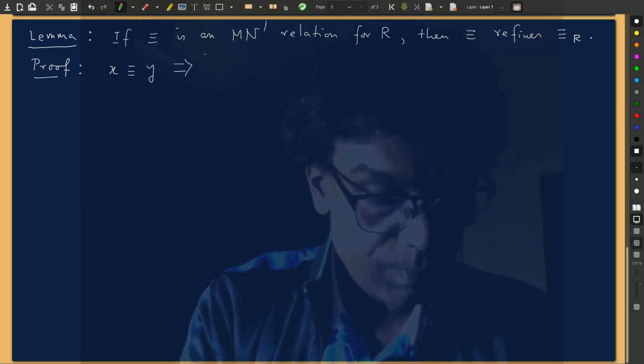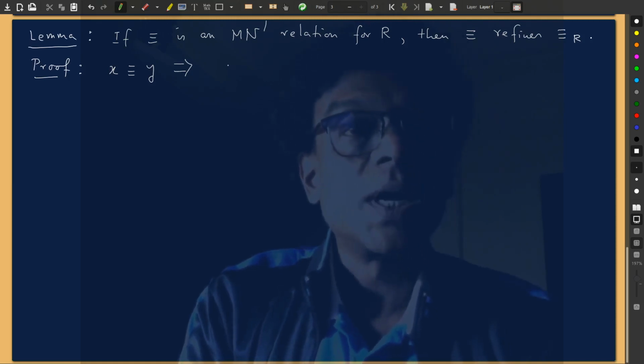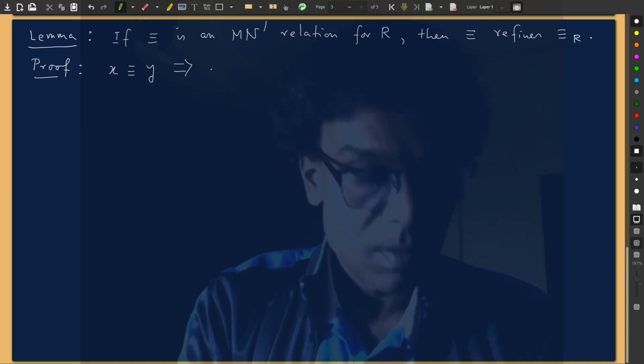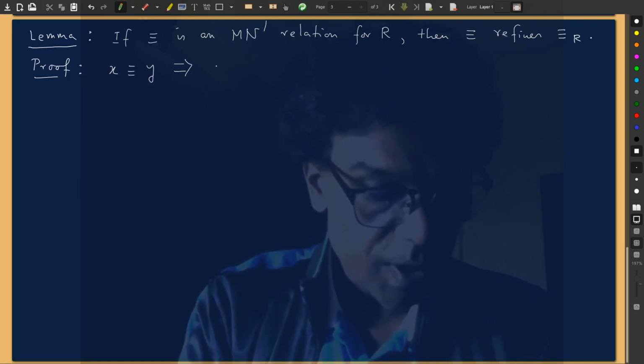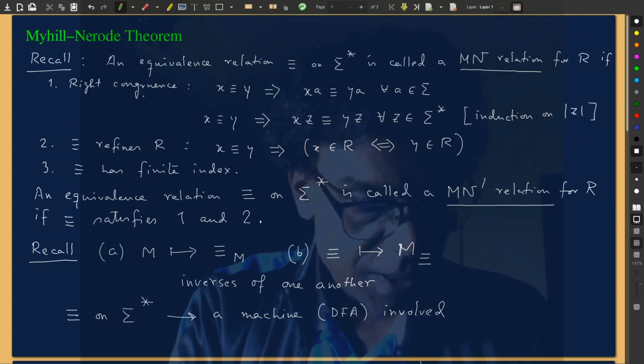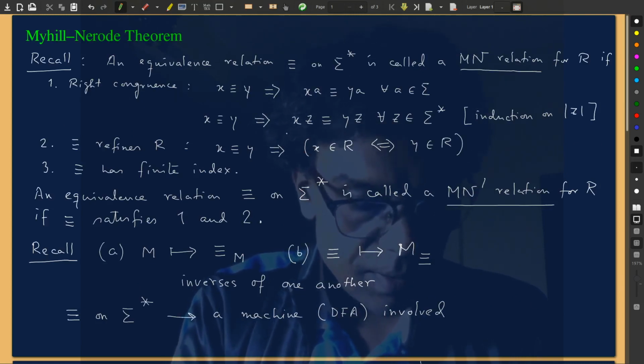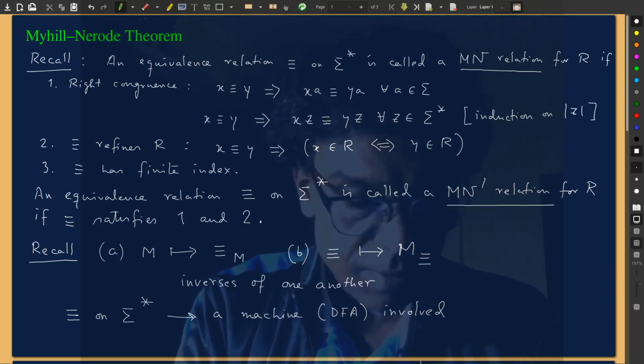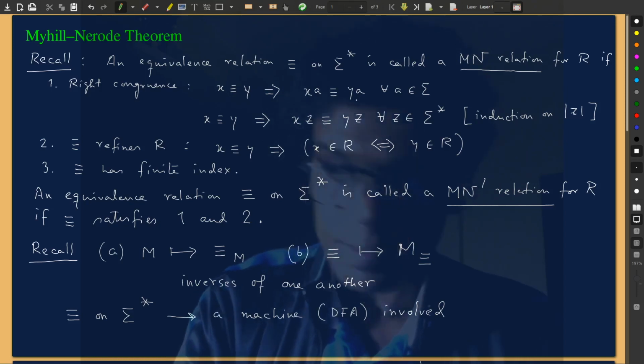What does it imply? By definition, this is a right congruence, so I will use this result: for all z in sigma star, xz is congruent to yz.